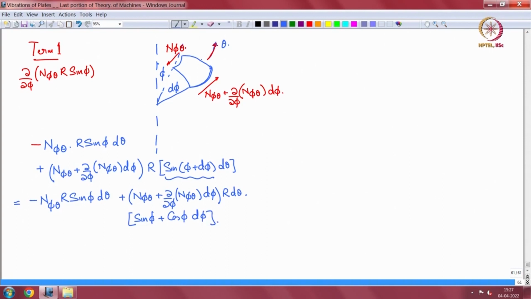Okay. Now if we open it out, I have minus n phi theta r sin phi d theta plus n phi theta sin phi r d theta.